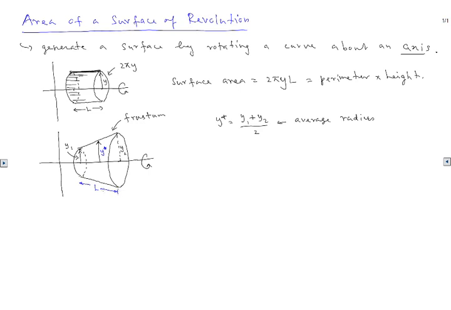If you use the surface area of a cone, you can show that the surface area of the frustum is given by 2 pi times the average radius times the slant L. It's not the height in this situation, it's the slant L. The slant L is not exactly equal to the height.